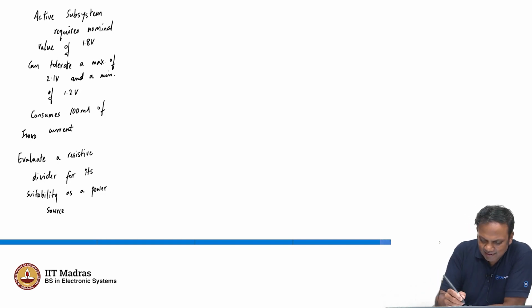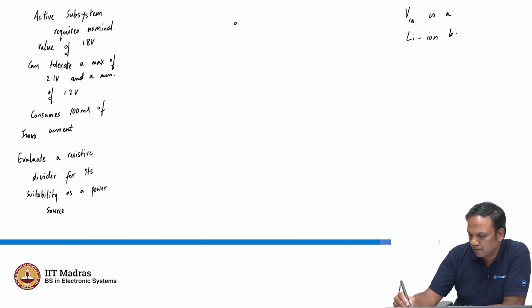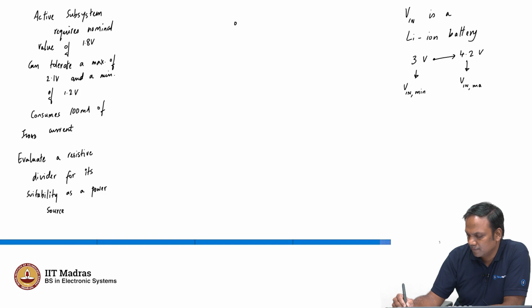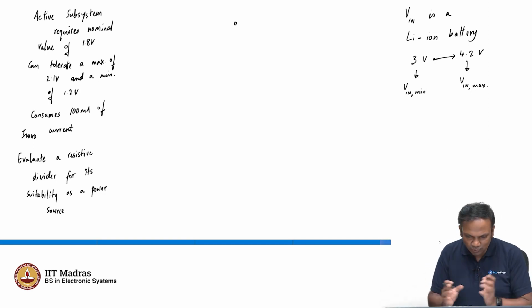One thing I forgot to mention, we will add here: the input source is a lithium ion battery that can go from 3 volt to 4.2 volt. So, 3 volt is V in min, 4.2 volt is V in max. These are the conditions we have to work with.